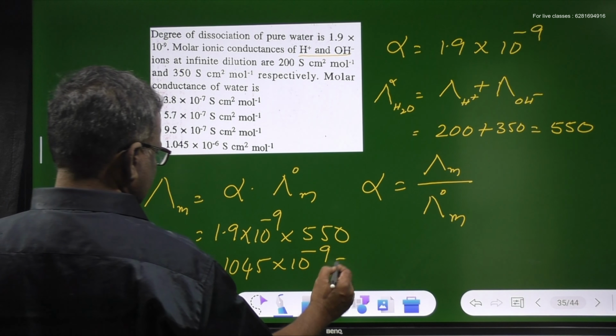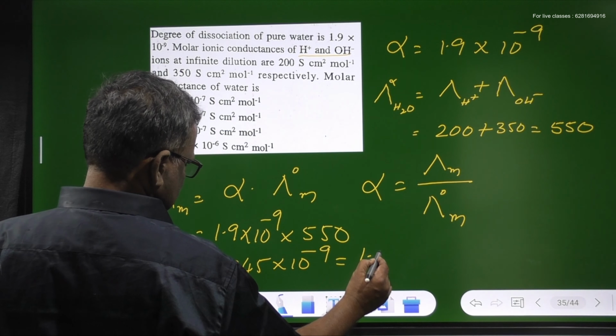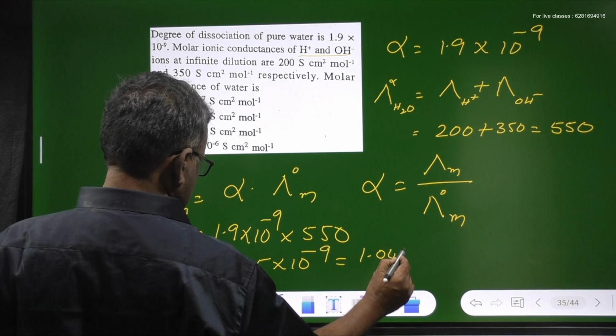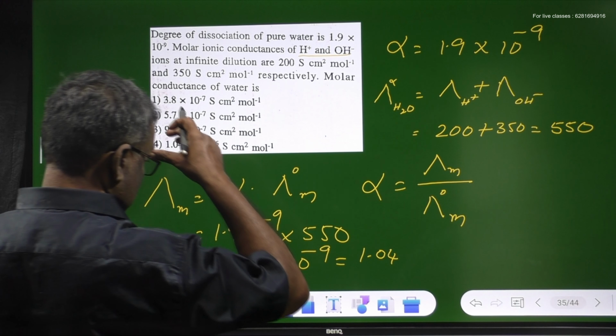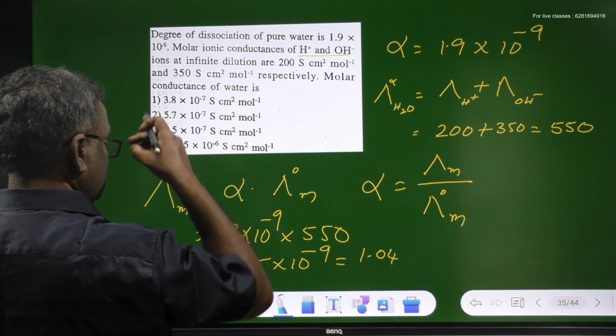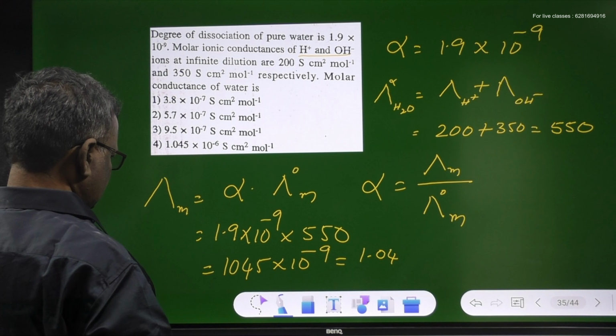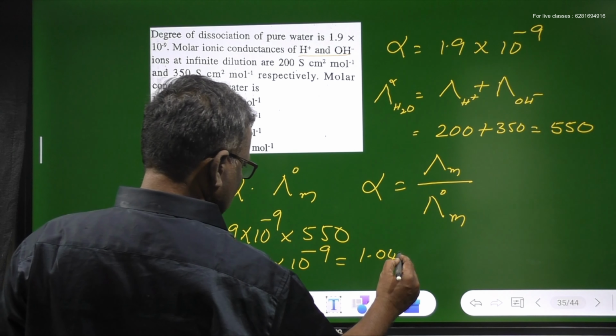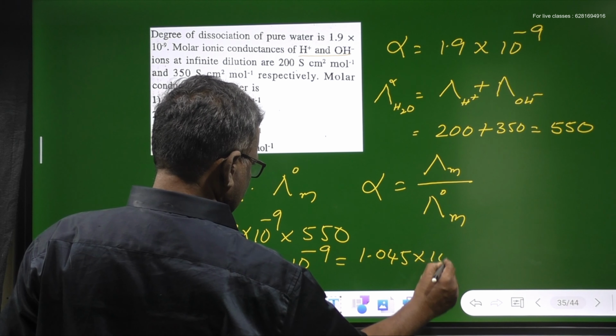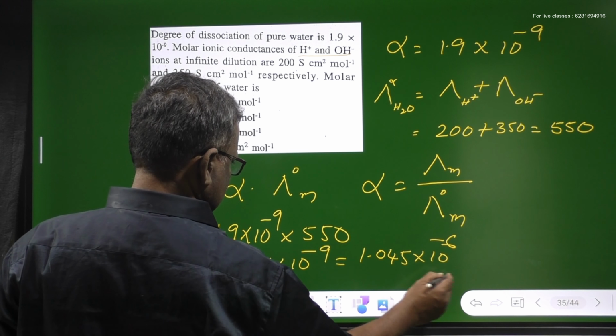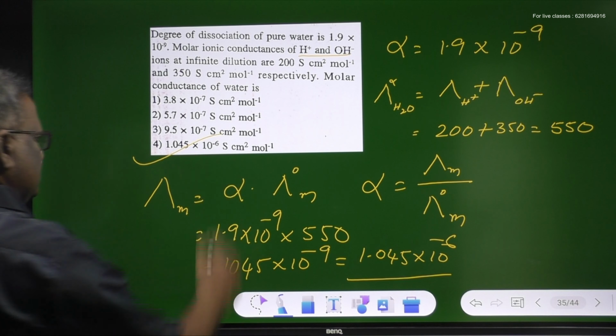So it can be written as 1.045 into 10 to the power minus 6. Fourth option is correct.